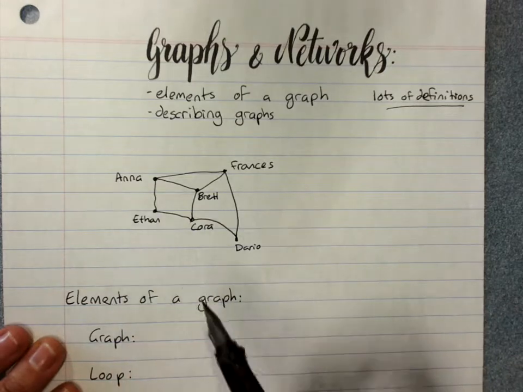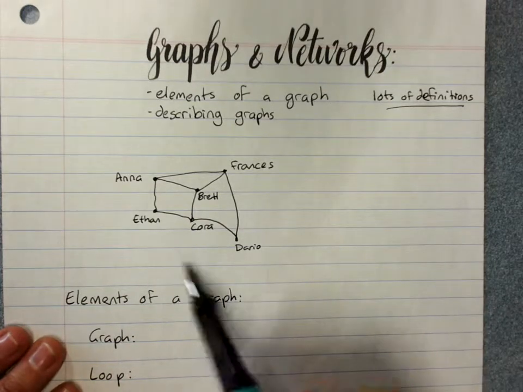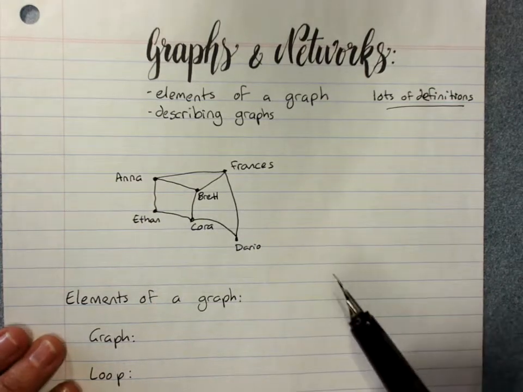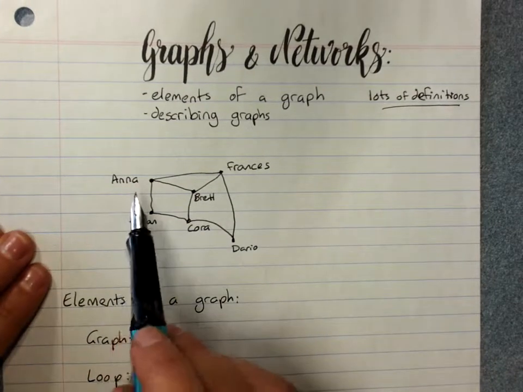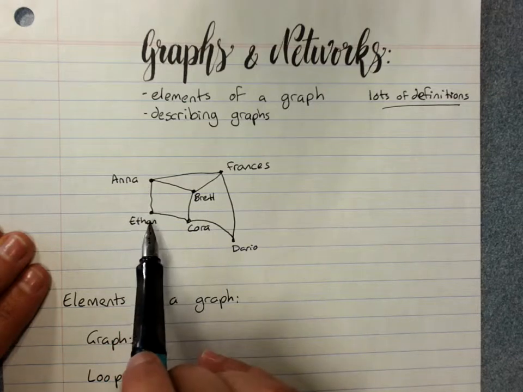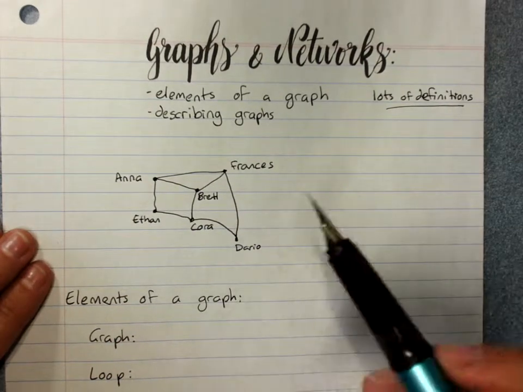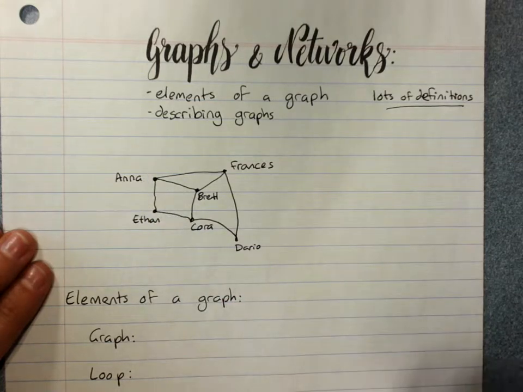So this is a very simple diagram of a social media connection graph, and these are 6 people who are connected in some way on this particular type of social media. And this says that Anna is friends with Francis, Brett, and Ethan. And obviously being friends is a two-way property, so if Anna is friends with Ethan, Ethan is also friends with Anna.